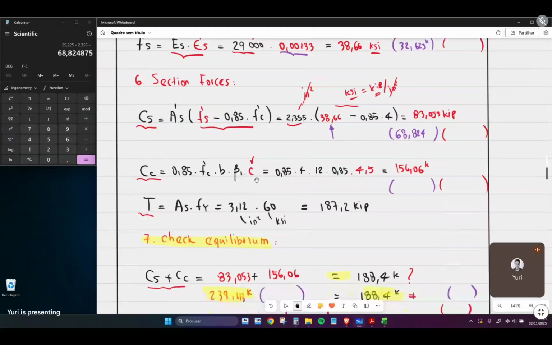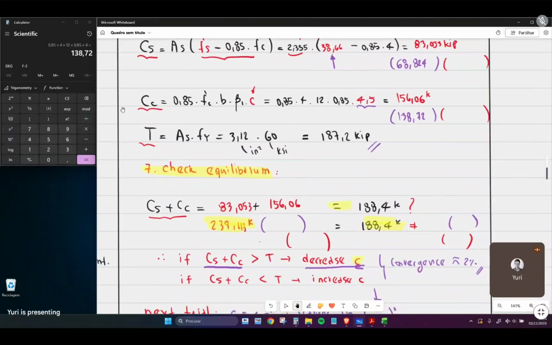Now let's calculate this part here with 4. So the concrete contribution, 4 multiplied by 12 multiplied by 0.85 multiplied by 4, 138. The tension reinforcement does not change, okay?